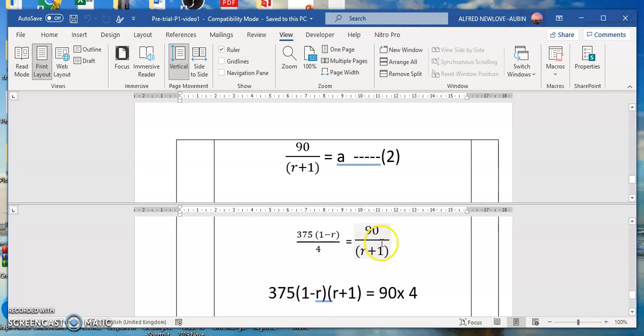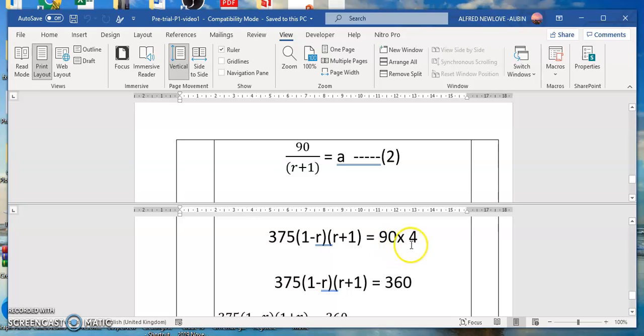How are you going to transpose? You transpose this 4 to this side. It's going to multiply. In other words, you cross multiply. This will multiply that, and this will also multiply that. So if this one multiplies that, you are going to have this, and this 4 also multiplies the 90, you are going to have this one.